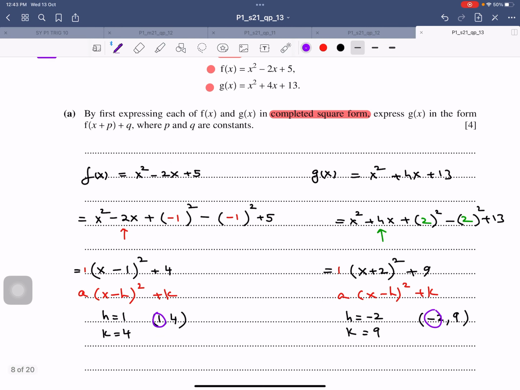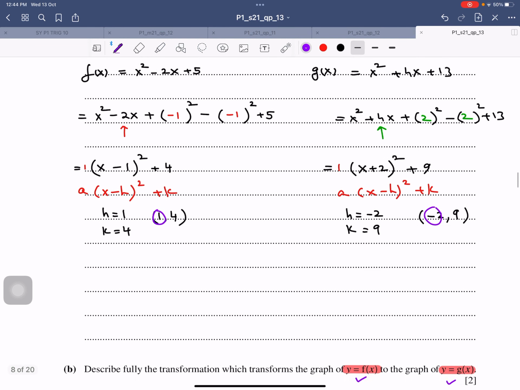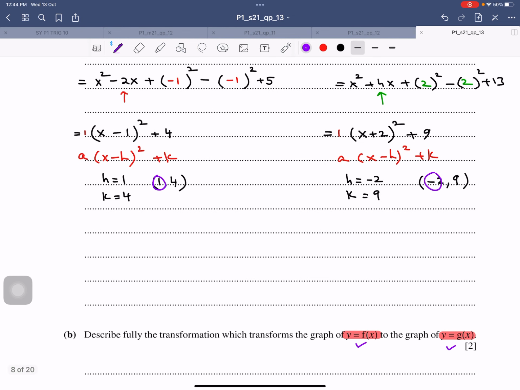What are we transforming? We are obtaining g(x) from f(x). Express g(x) in the form f(x plus p) plus q, where p and q are constants, and furthermore, which transformation takes f(x) onto g(x). So f(x) is this one. 1 is becoming minus 2. That means the graph is shifted horizontally 3 units to the left.